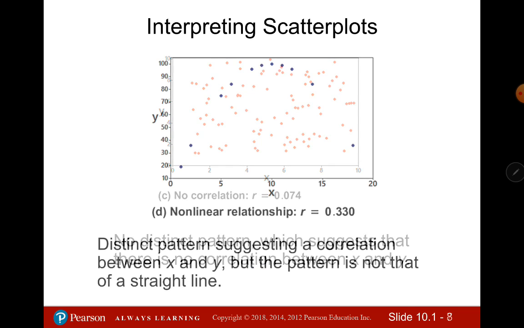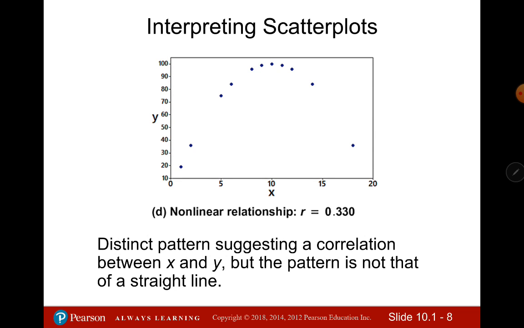Let's check another kind. Yeah, we find there is a pattern for all the dots, right? But if we try to connect all the dots, we find it's not a straight line.